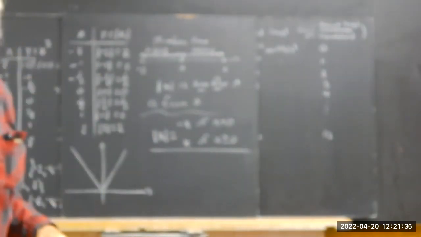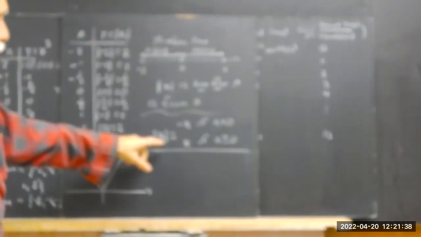The other definition of the absolute value of X that you will probably see or have seen is that absolute value of X has a split definition. It equals -X if X is less than 0, and it equals X if X is greater than or equal to 0. Let's test this for X equals -2.